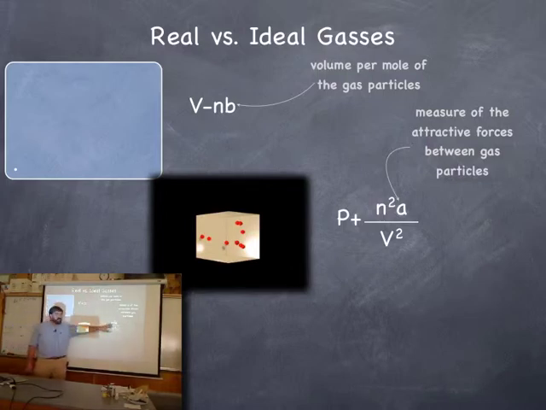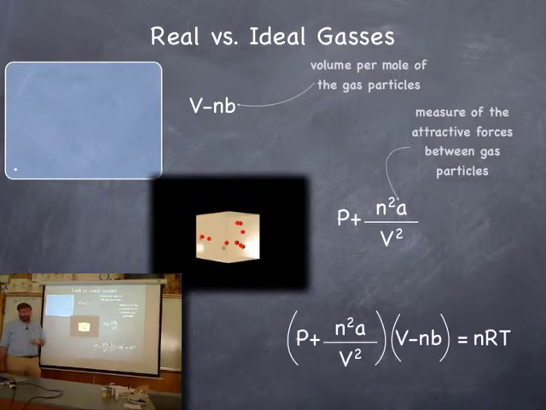So A takes care of our attractive force inconsistency, and B takes care of our particle volume inconsistency. We can now substitute this term in for our volume and this term in for our pressure. And so we have this new equation, which is called the van der Waals equation. The van der Waals equation is an equation that we can use to deal with real gases.